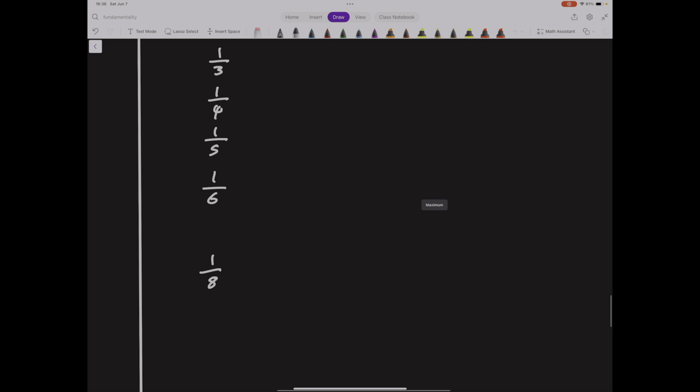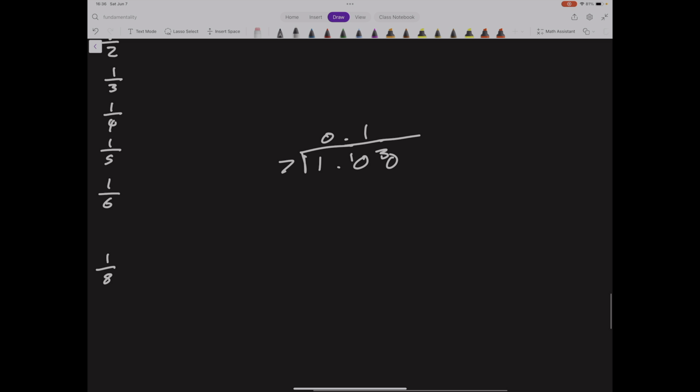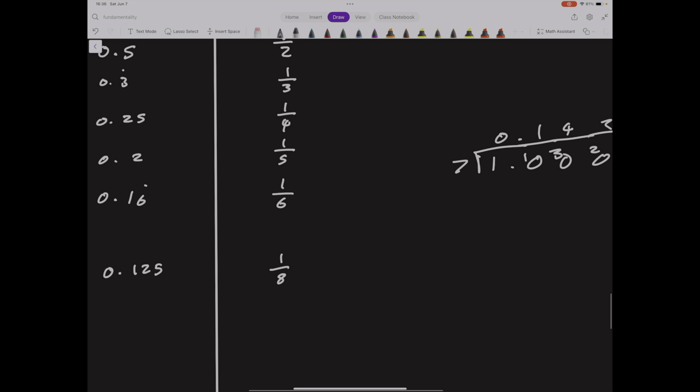I wonder what 1/7 is. Let's find out what 1/7 is. And remember how to do that. Of course it's going to be a recurring, but let's say 0.14.